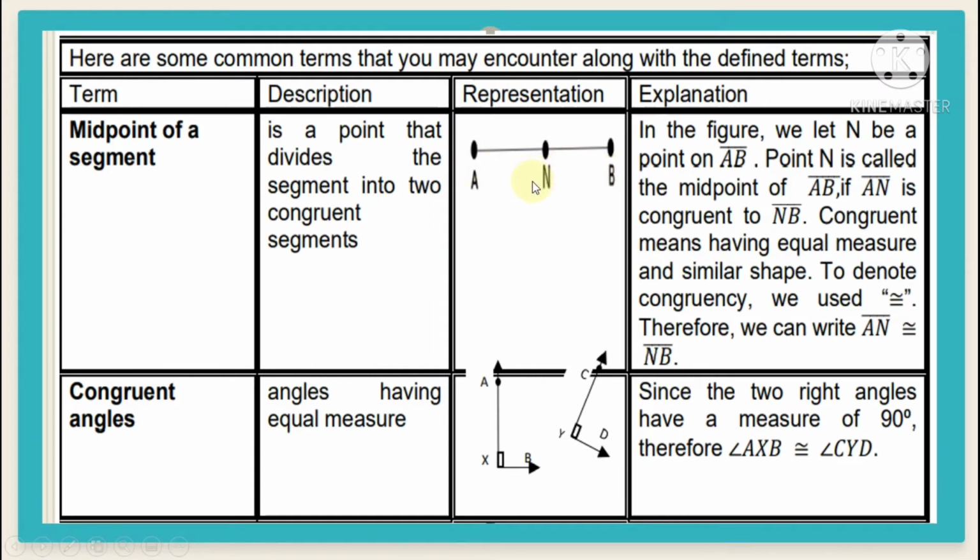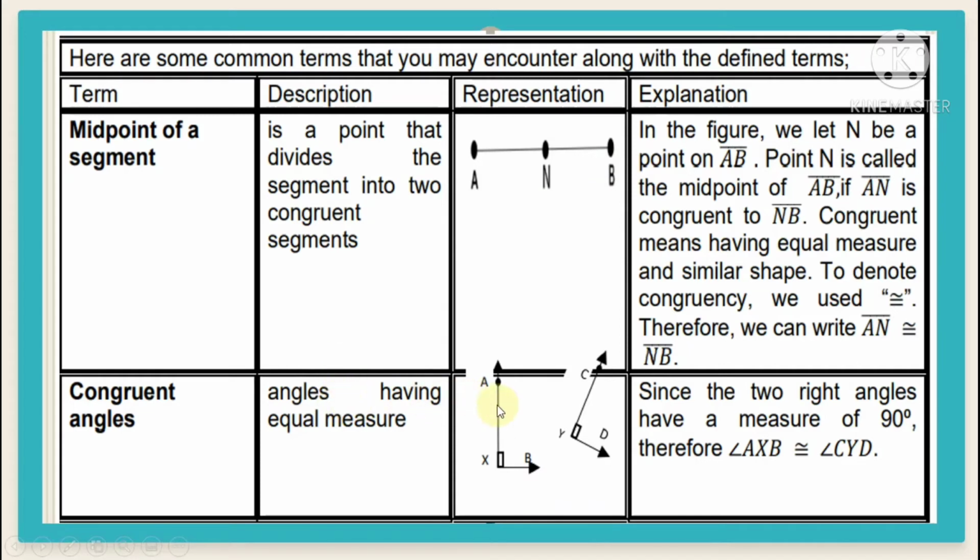Point N is called the midpoint of AB if AN is congruent to NB. Congruent means having equal measure and similar shape. To denote congruency, we use this symbol. This is what we call congruence. Therefore, we can write AN is congruent to NB.